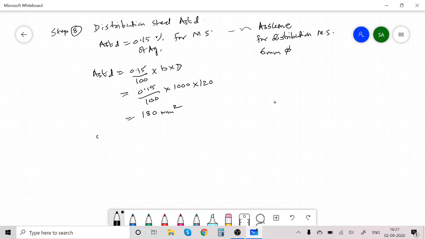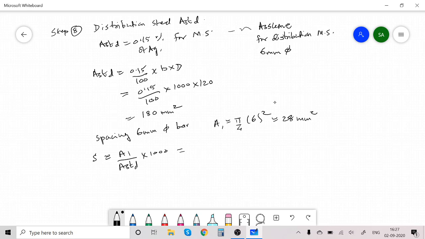So this is equal to 180 mm square. So we will find spacing of 6 mm diameter bar. Area of one bar, that is pi by 4 into 6 square, is say 28 mm square. Then spacing is equal to A1 upon Ast-d into 1000, that is 28 divided by 180 into 1000. So here the spacing is 155 mm.